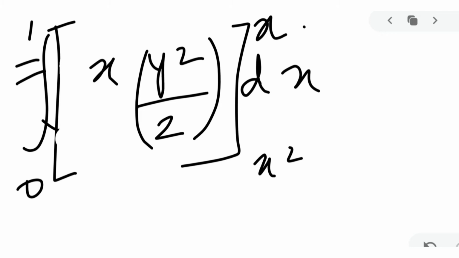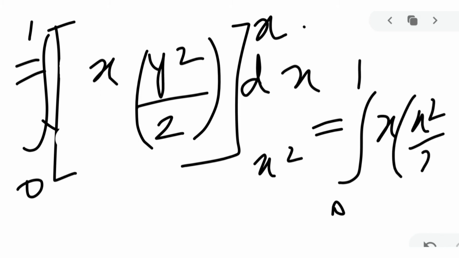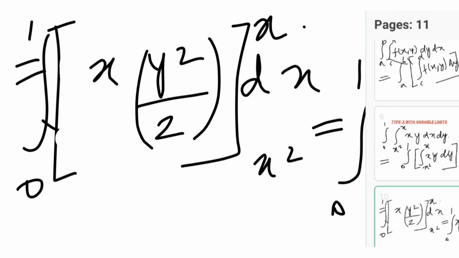Therefore, it will be equal to integration over 0 to 1 of x into x square by 2 minus x to the power 4 by 2 dx. Sorry, I will write this down afresh.